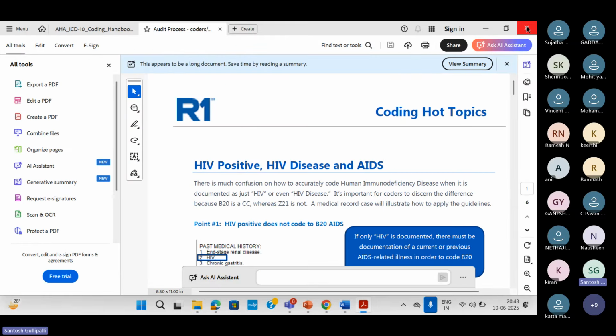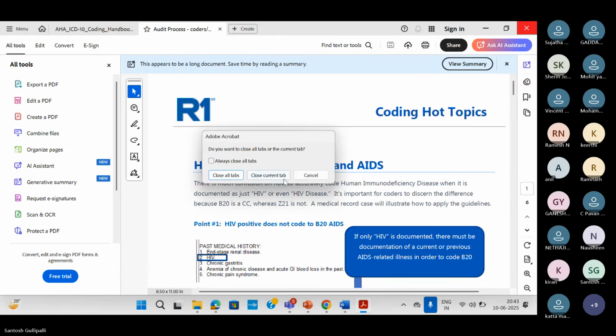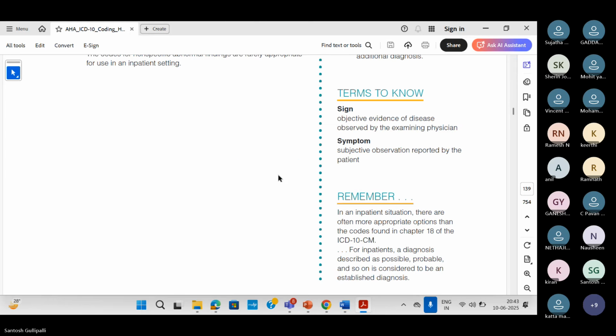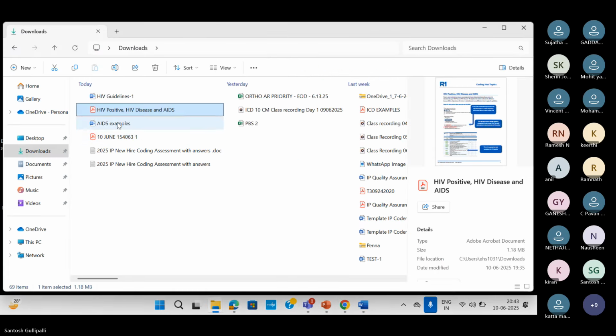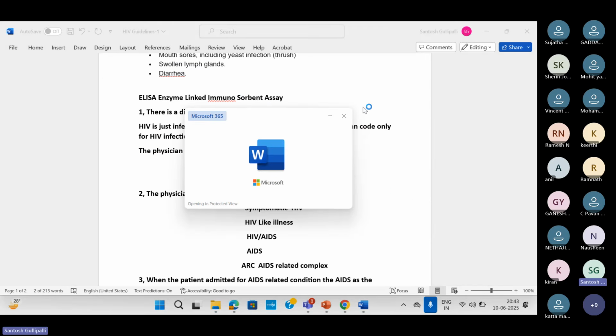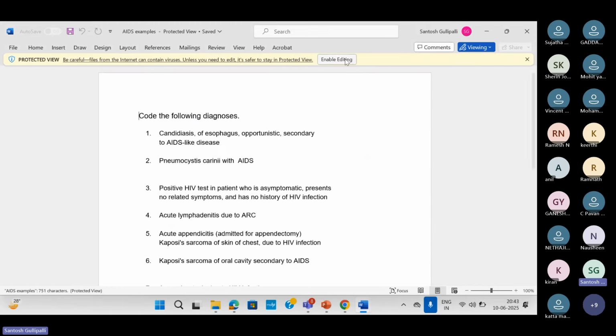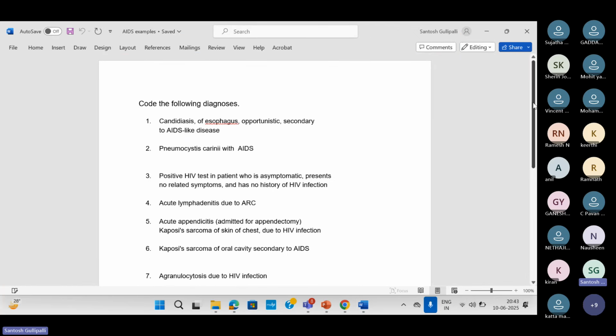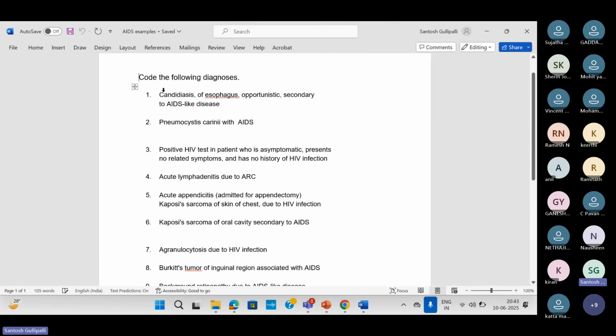I will share these examples in the group. For example, candidiasis of esophagus secondary to AIDS.